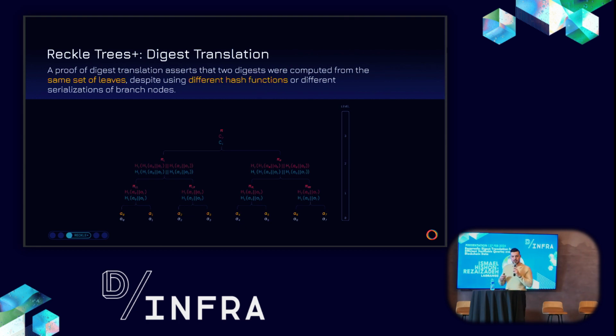And so what digest translation fundamentally allows you to do is to assert the equivalence between one digest D and another digest D prime that's a subset of D. These digests can be constructed with different hash functions and different serializations such that you can have a proof of equivalence that enables you to compute over the second digest, or query over the second digest, and then assert its equivalence to the first digest.